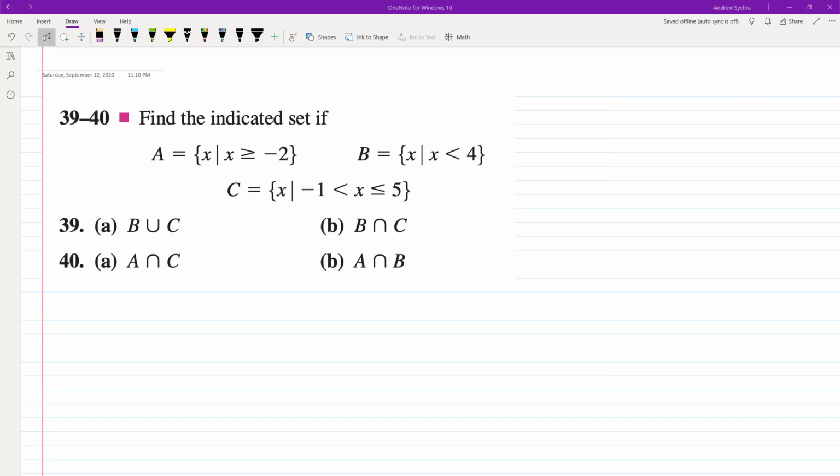All right, so for 39, I'll write in interval notation. So B and C less than 4.